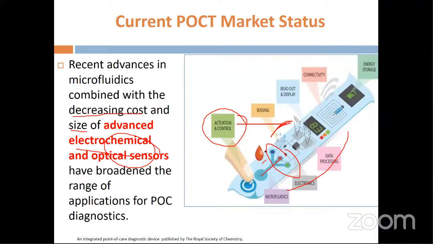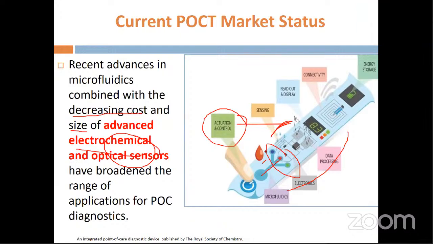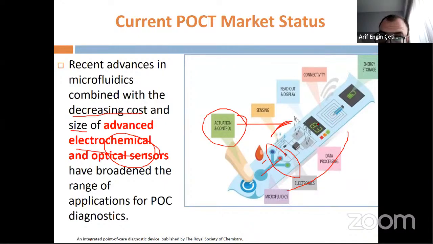These transducers transduce, or change, these biological signals to a meaningful analytical signal. This analytical signal could be optical or electrochemical. Then you have an amplifier to make this meaningful data. And here, for example, the device shows that meaningful data on its display.